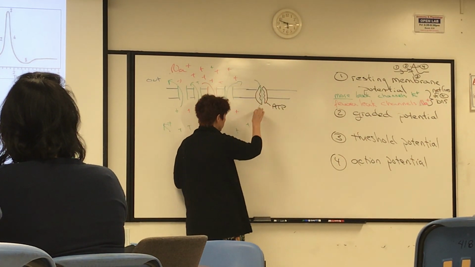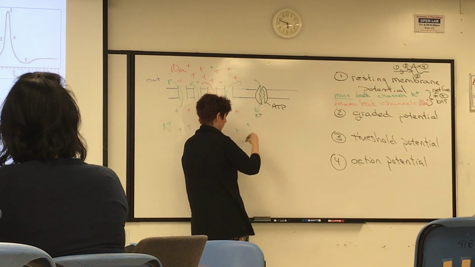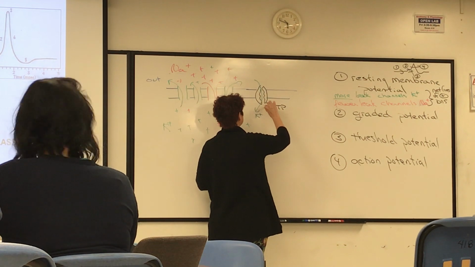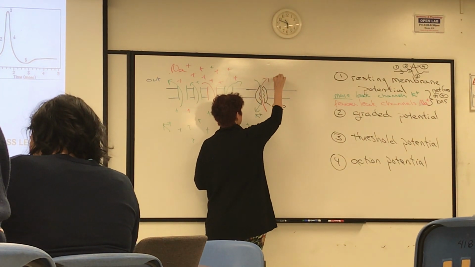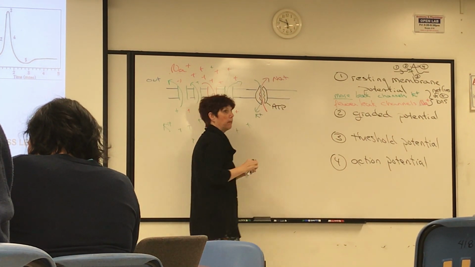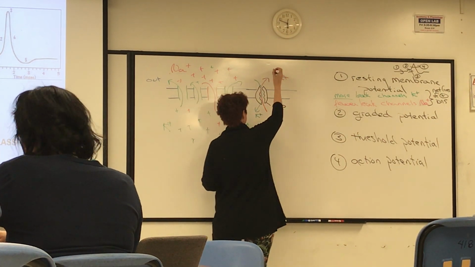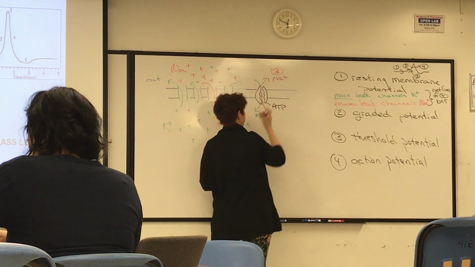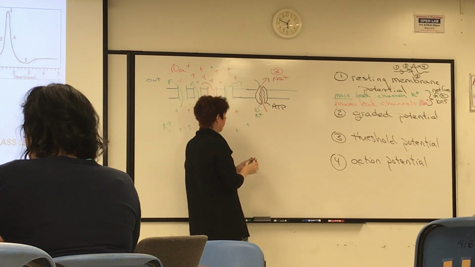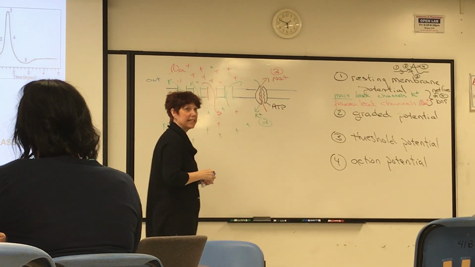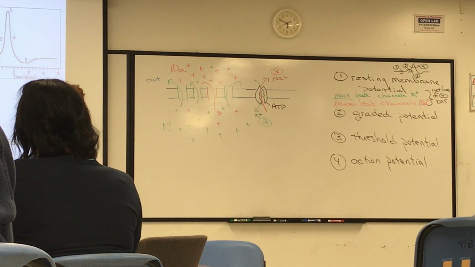So we're going to move potassium into the cell. And we're going to move sodium out of the cell. And we contribute to the potential by the numbers. So we lose 3 positive ions of sodium for every 2 positive ions of potassium, with a net loss of 1 positive ion.